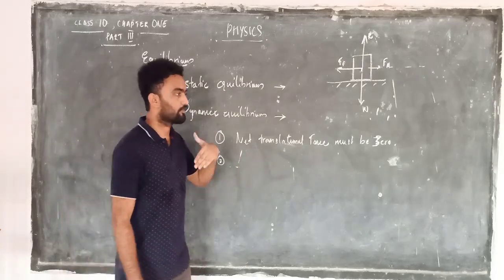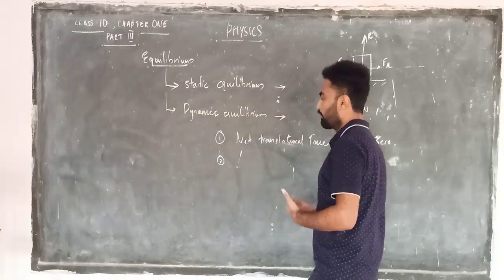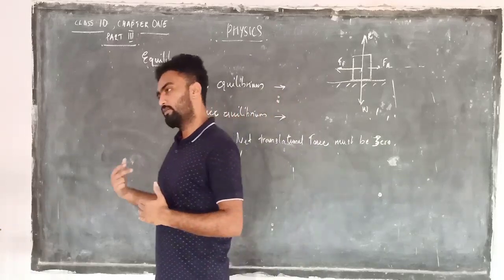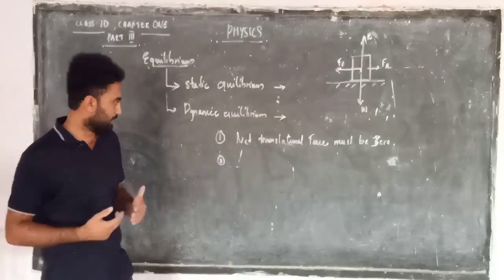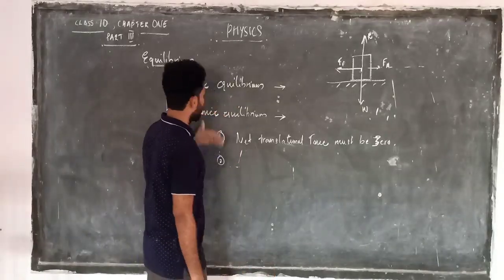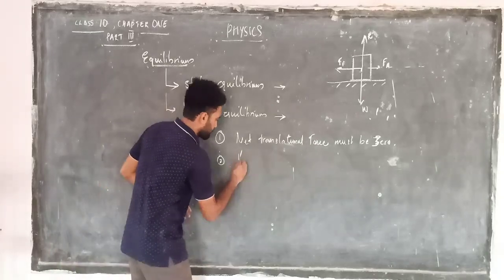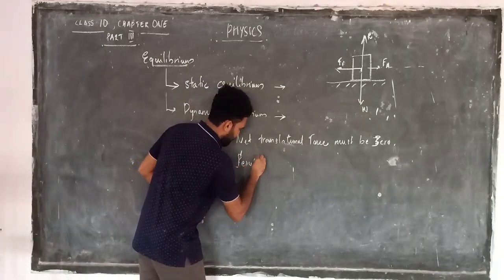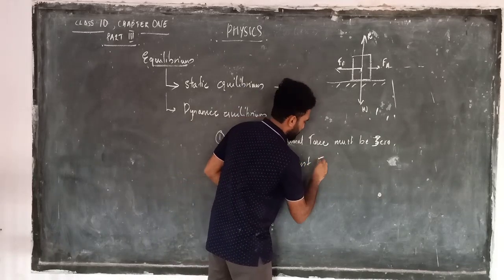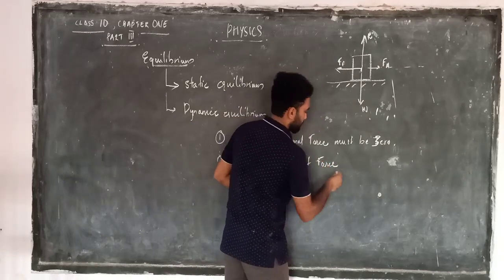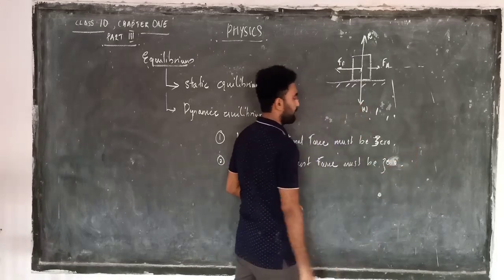So the second one is for the case of rotational motion, which means the moment of force I told you about. The net moment of force taking place on the body must be zero. Then we can say the body is in a state of equilibrium. So that's the second condition for equilibrium: the resultant moment of force acting on a body must be zero.